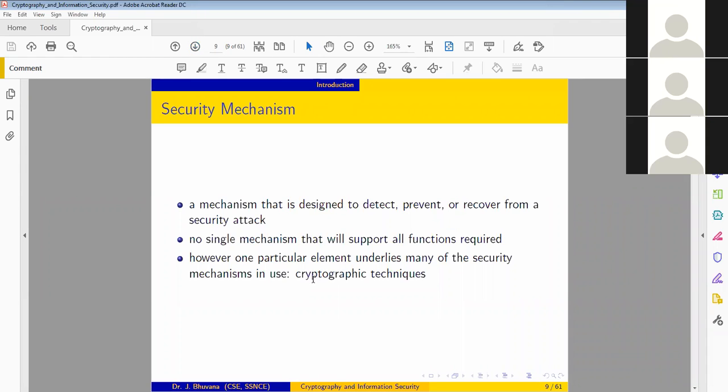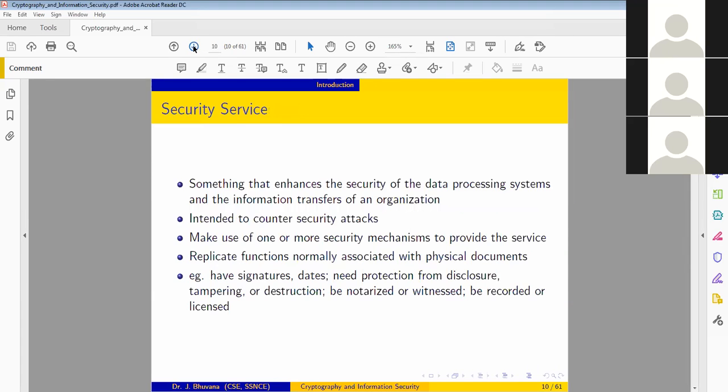One popular security mechanism is cryptographic techniques. That is what we are going to see today. And the last comes the security service. How to tackle an attack is called a mechanism. What to do to handle the attack is called a service. Please understand the difference between the mechanism and the service.